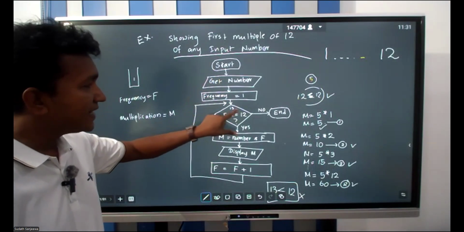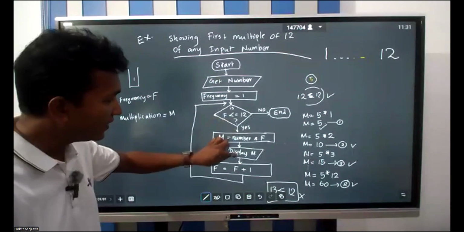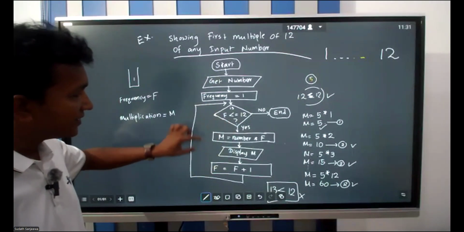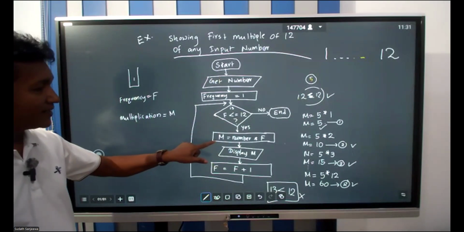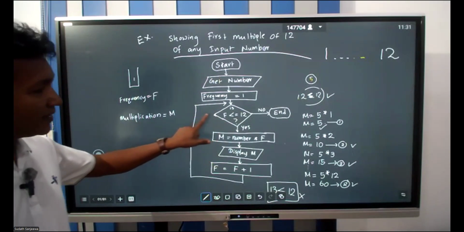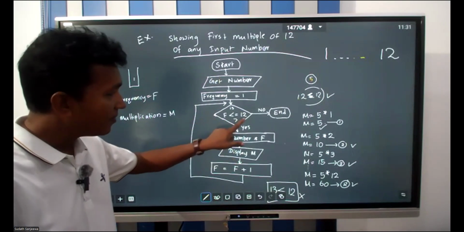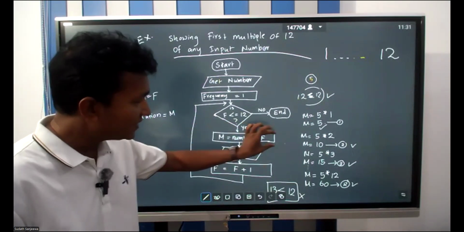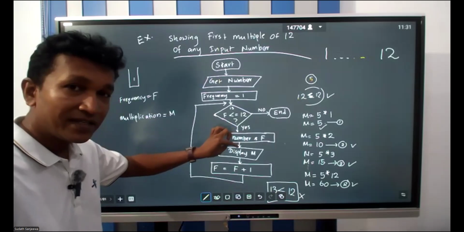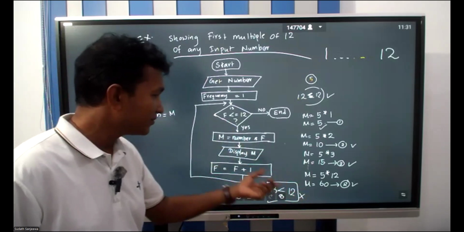If the frequency is less than or equal to 12, we do this repeatedly. We calculate the multiplication. m is multiplication. How do we find it? Input number multiplied by frequency. This is a process.